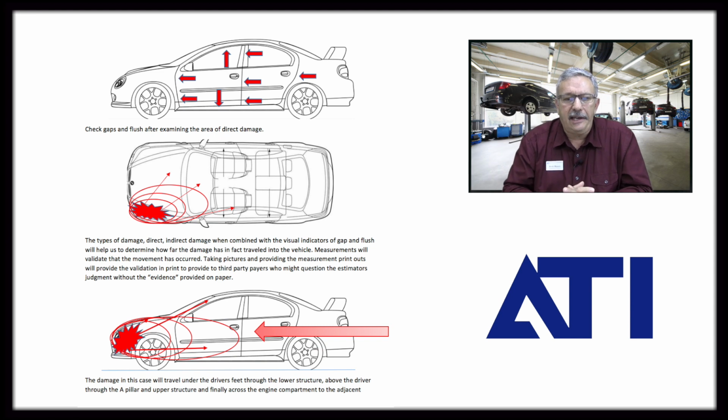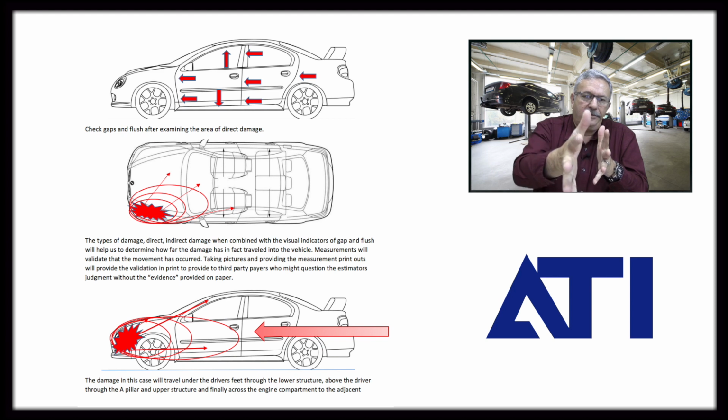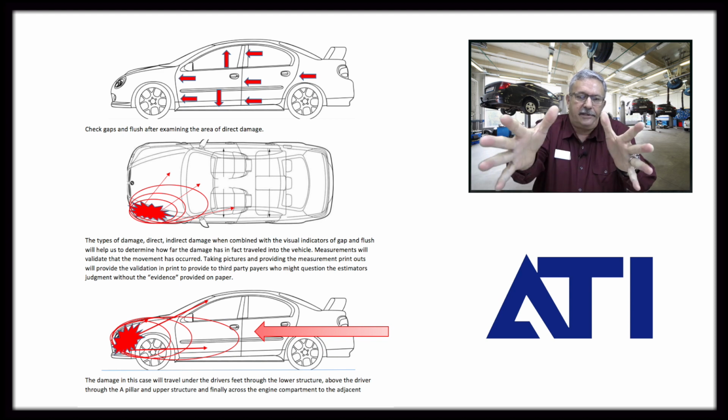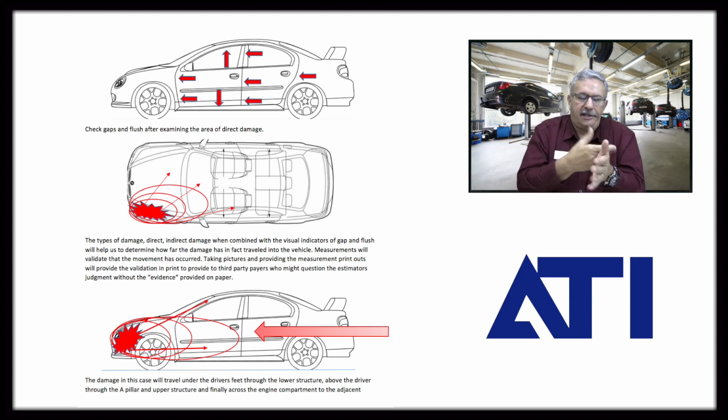So as I look at the second and third images here of this Neon, this is so that you can visualize how that, and we call it a crash pulse, occurs. The energy that moves out into the vehicle is a pulse that comes from that sudden stop that we would have at the direct impact. So what I'm looking at is where did it transfer to, and these illustrations give you an idea of how that will occur.